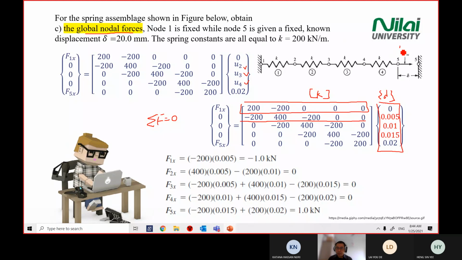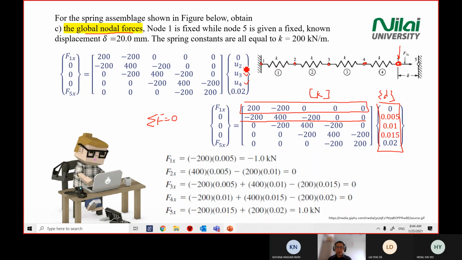It means you focus on this point, rather than the external force. All the numbers you calculate here are what happens at the point. Global nodal forces.